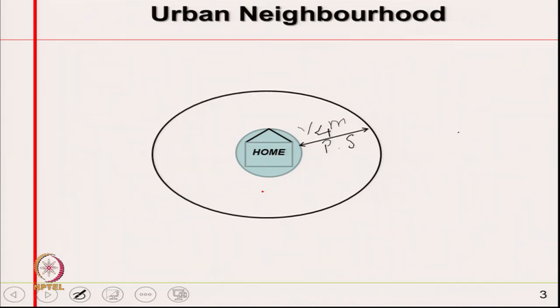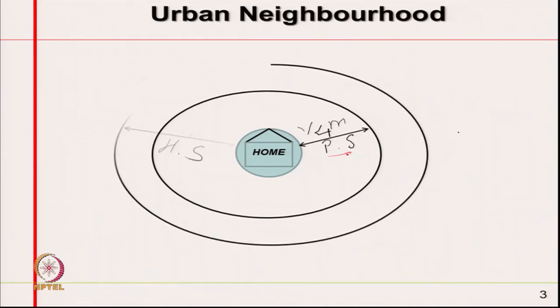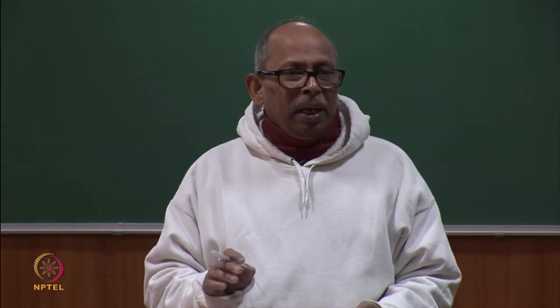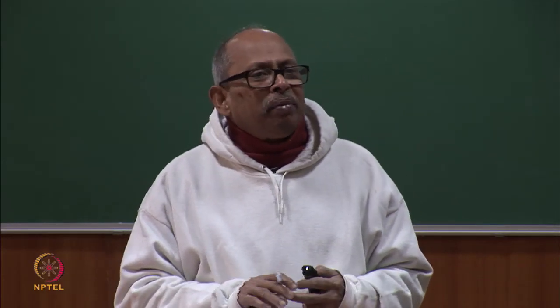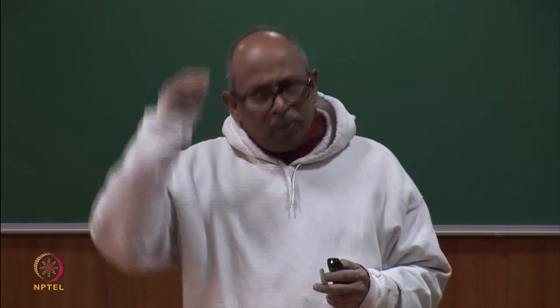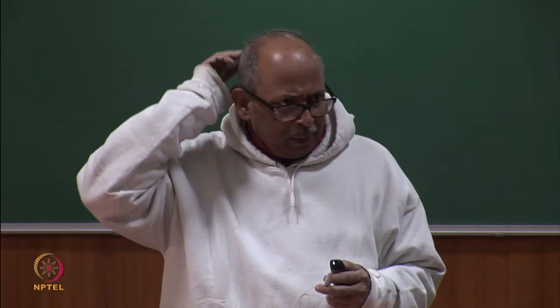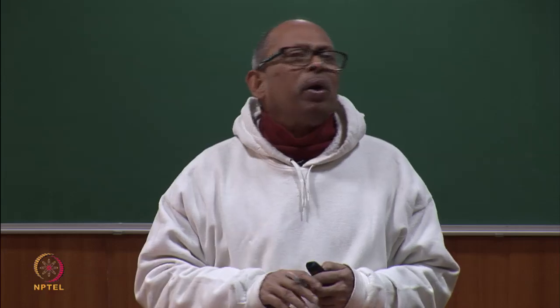A comfortable distance from home to primary school is considered to be 1/4 of a mile, because this was in the US, and high school is thought to be about 1 mile. Now, 1/4 of a mile means a child should be able to walk 1/4 of a mile. In kilometer terms, a mile is around 1.6 kilometers, so divided by 4, you get around 400 meters.